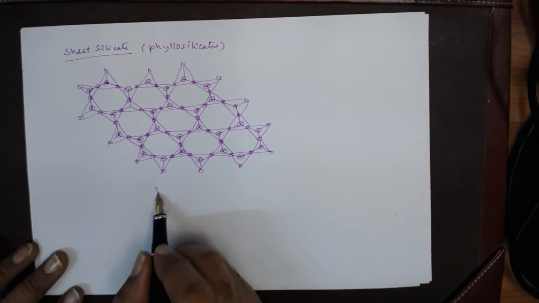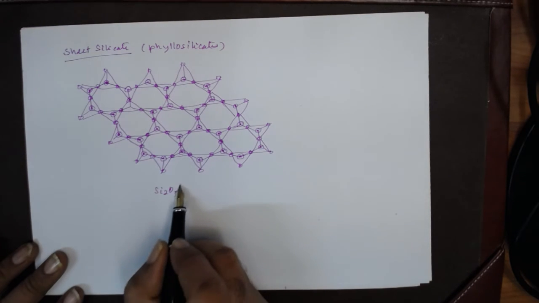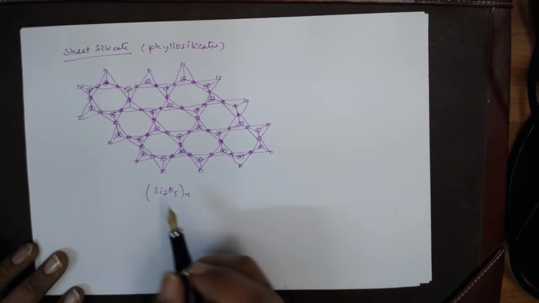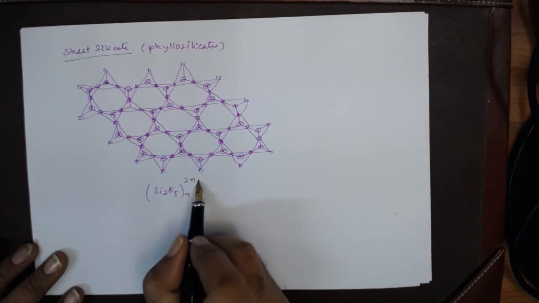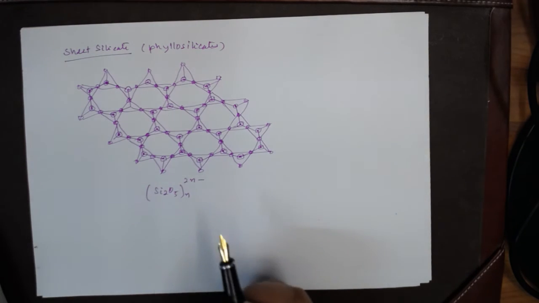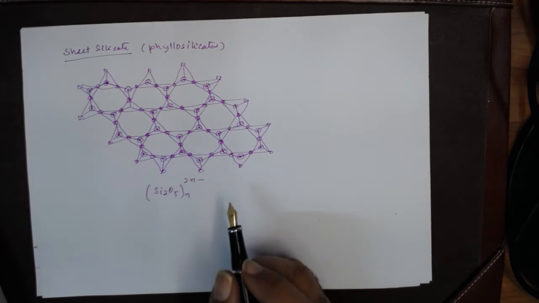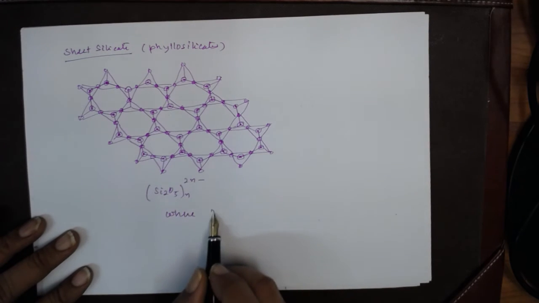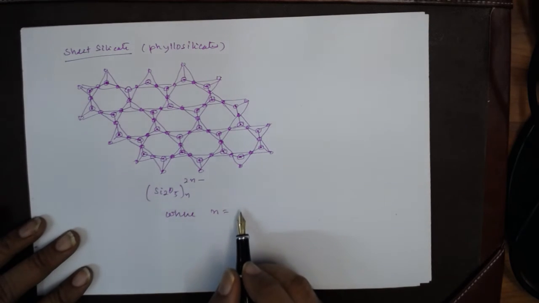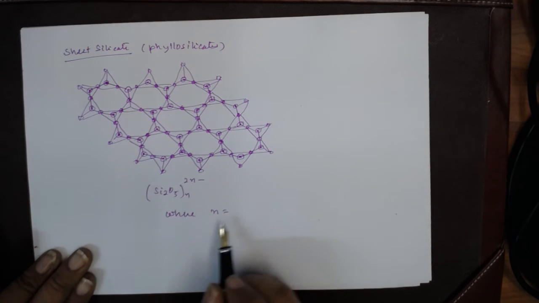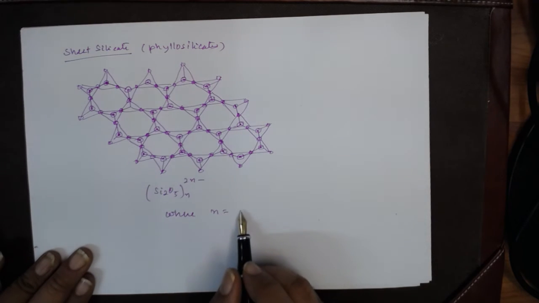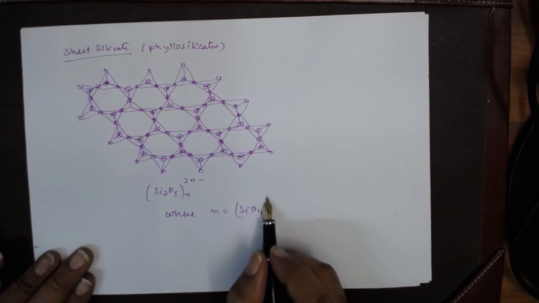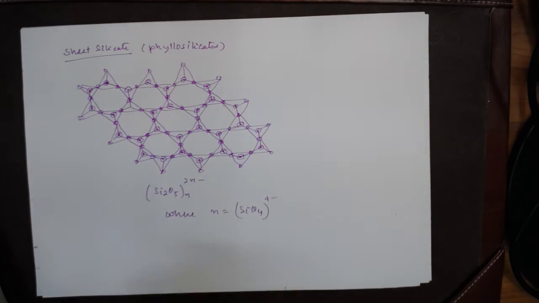They contain the structure Si2O5, n number of ions with 2n number of minus ions, where n is, as usual, SiO4 4 minus tetrahedron. Each n represents one SiO4 tetrahedron unit with the tetravalent ions.